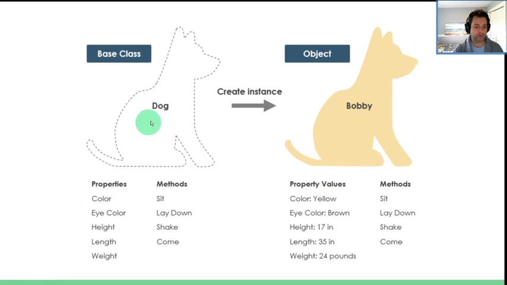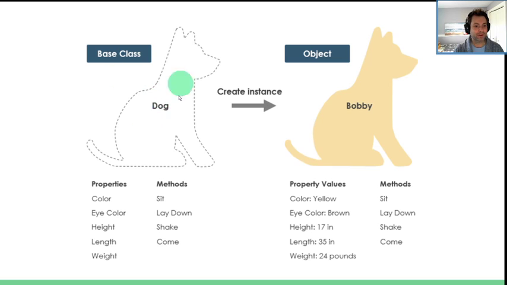So you have your dog class, right? You have a color, an eye color, height, length, weight. The dog can sit, lay down, shake, come, roll over, play dead, all your fun favorite dog methods. And if you're not a dog person, you should be a dog person. If you're a cat person, that's fine too. But I don't think you can necessarily teach them to play dead without lots of heartache and scratches.